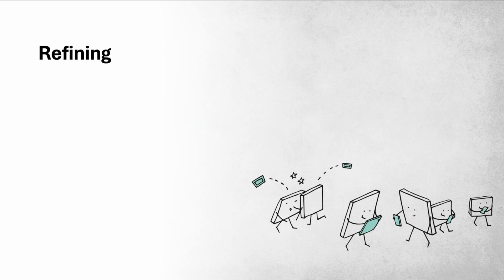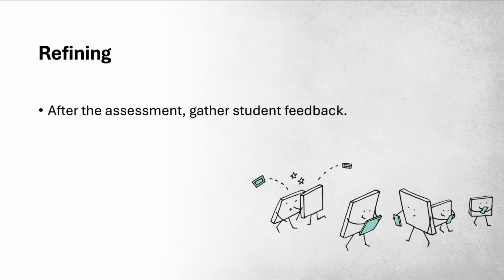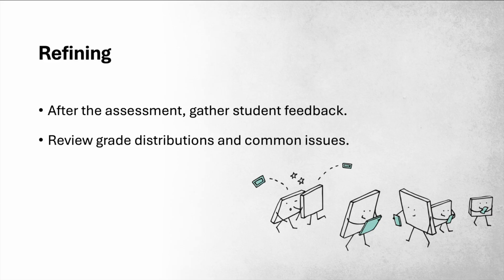Refining. After each assessment cycle, it's really important to reflect, to think back on what happened, how, why, the strengths and the limitations, because this will help you to refine your assessment practices moving forward. Gather feedback from students.